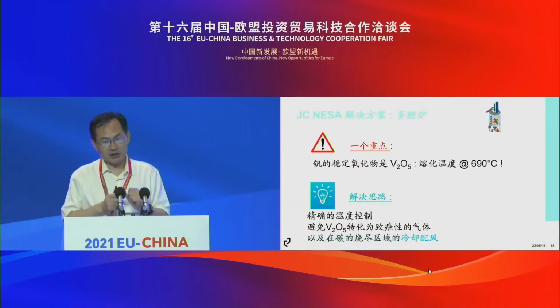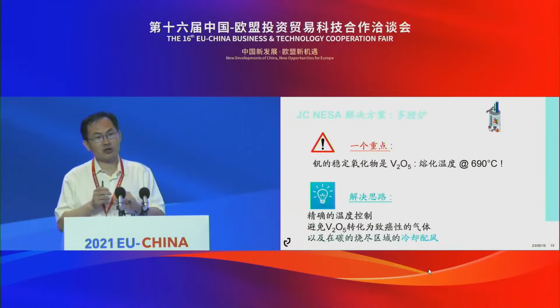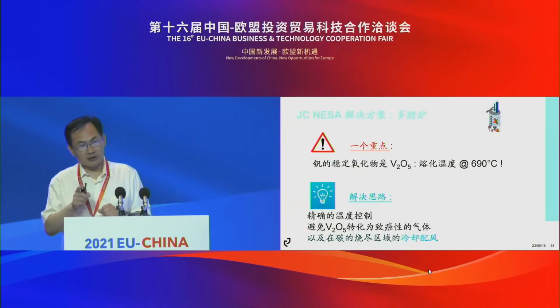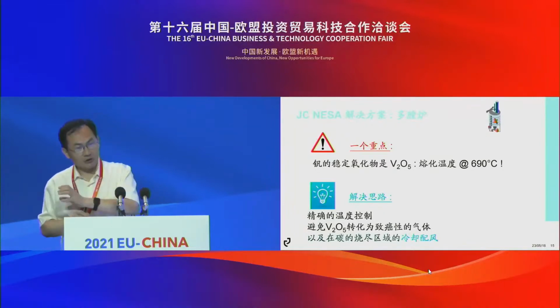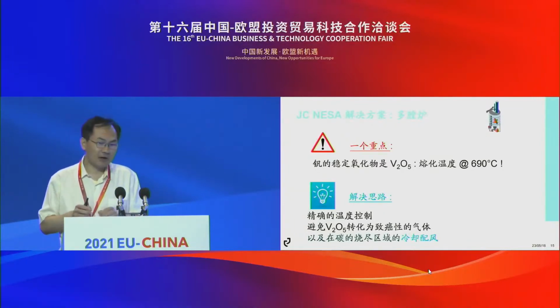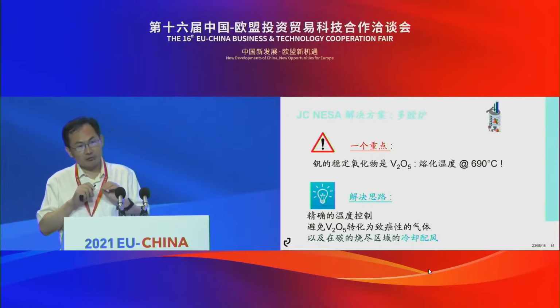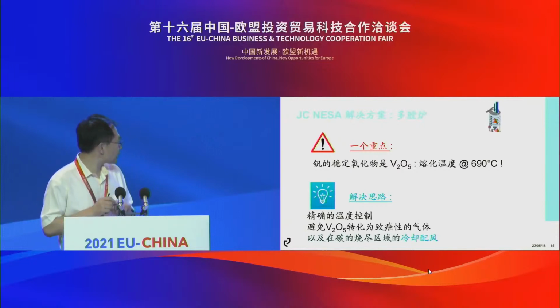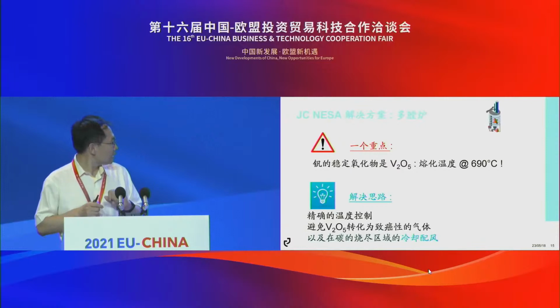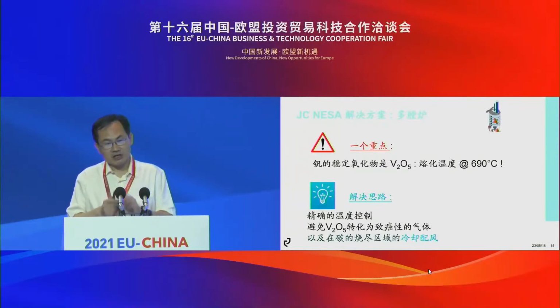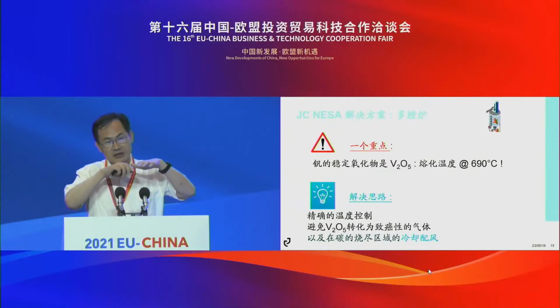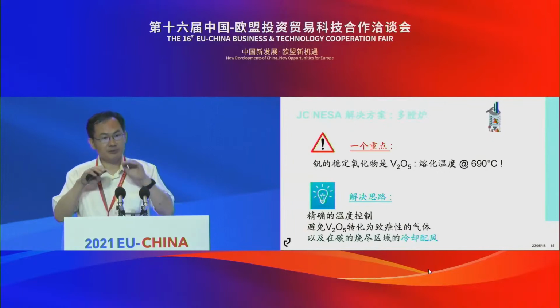We must be clear that the temperature for the vanadium should be no more than 650 Celsius degrees. If it's more than 650 Celsius degrees, we shall have a very precise temperature control to avoid the carcinogenic gas.